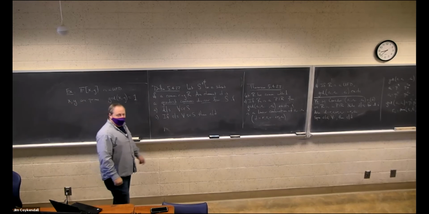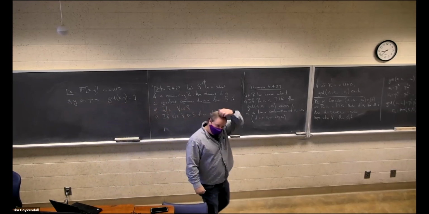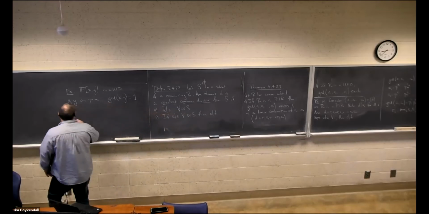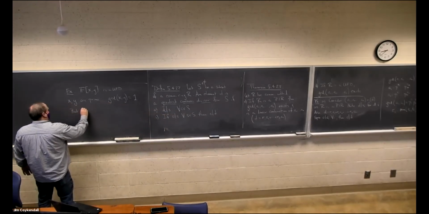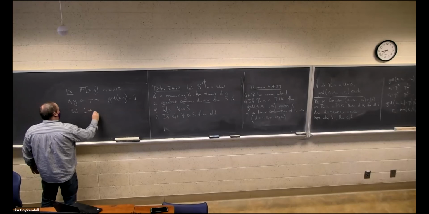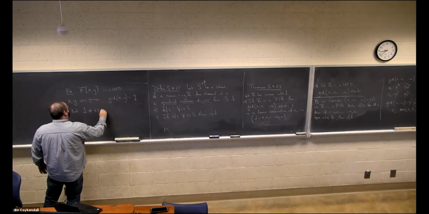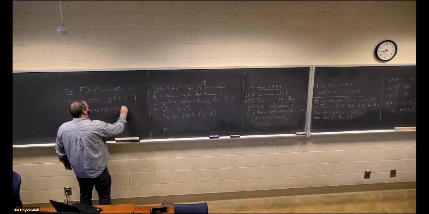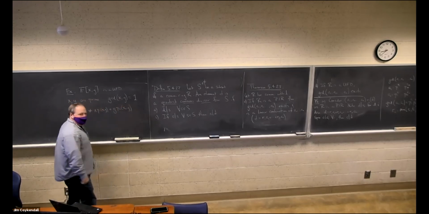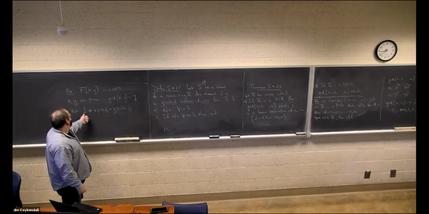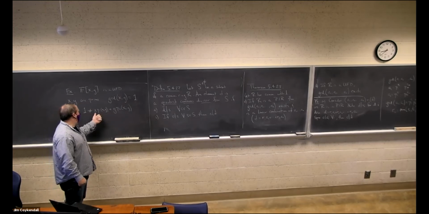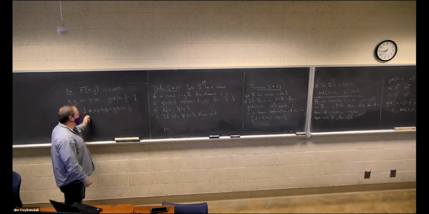But you cannot find polynomials in 2 variables, P1 and P2, such that multiplying X by P1 and Y by P2 equals 1.